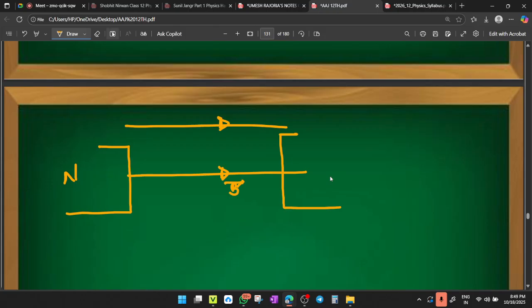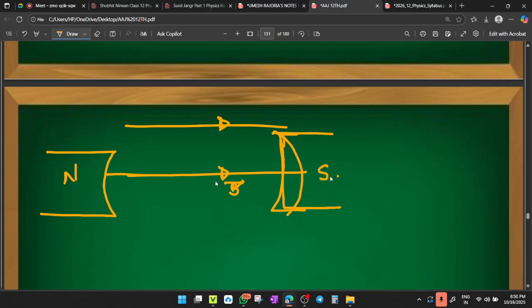But remember, a flat magnet cannot produce a uniform magnetic field. Only a polar magnet will generate a uniform field pattern. So you have to take the radial magnets. This is north and this radial magnet is south.